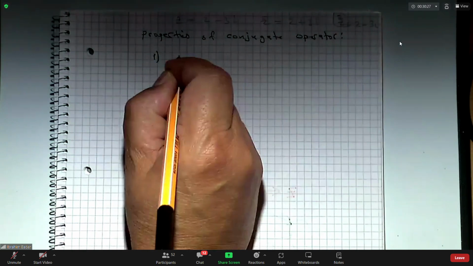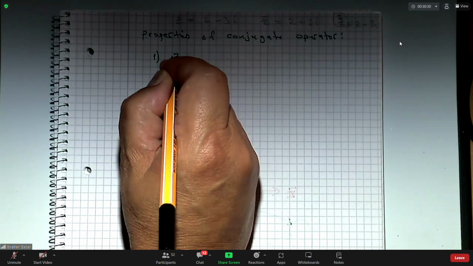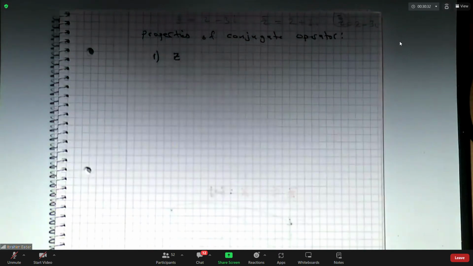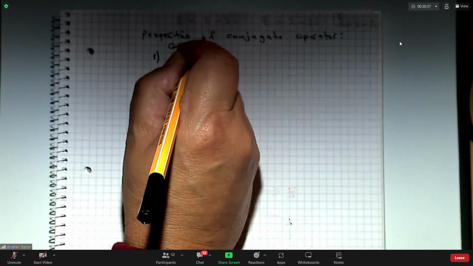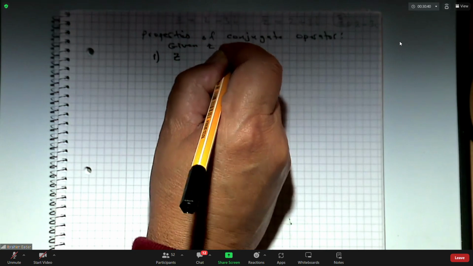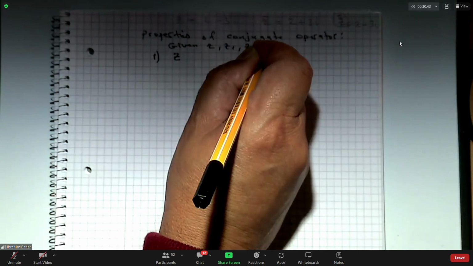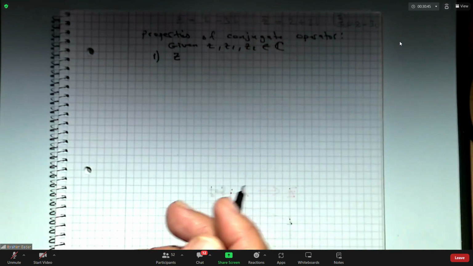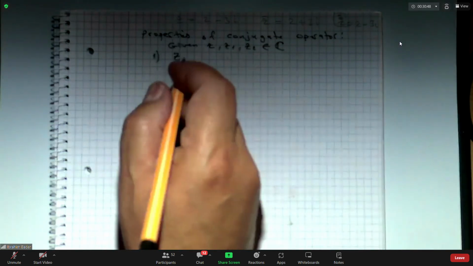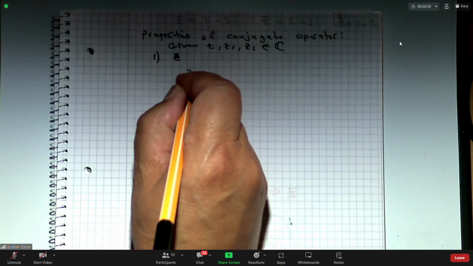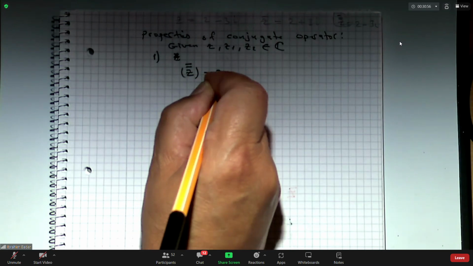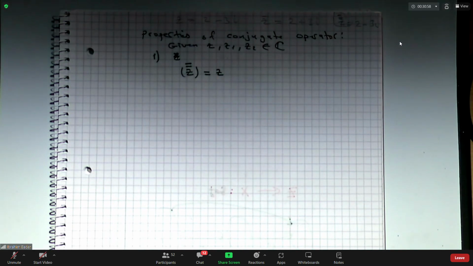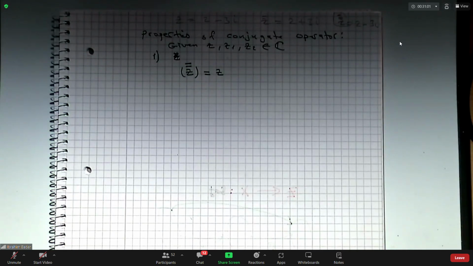Okay, so of course here, given z1 and z2 are complex numbers, maybe I write it down here so I have more space. The conjugate of z bar is equal to z. So if I apply this conjugate twice, I will be getting the original number.